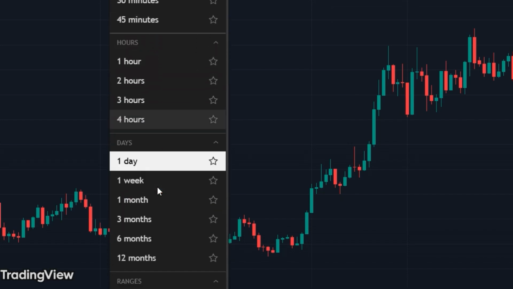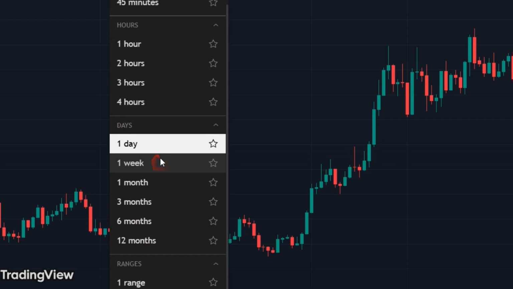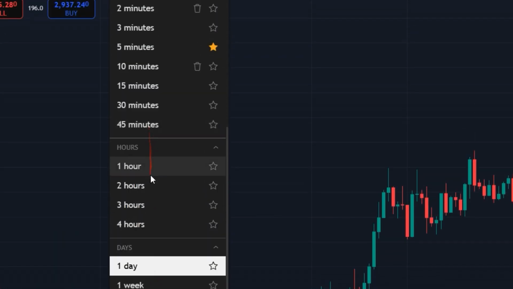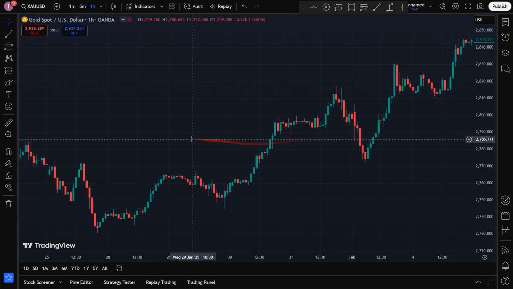If you're a swing trader and hold trades for a few days or weeks, the 4-hour or daily time frame is better. And if you're thinking long term, weekly or monthly time frames are a better choice. So choose a market and time frame you feel comfortable with because this strategy works for all of them.